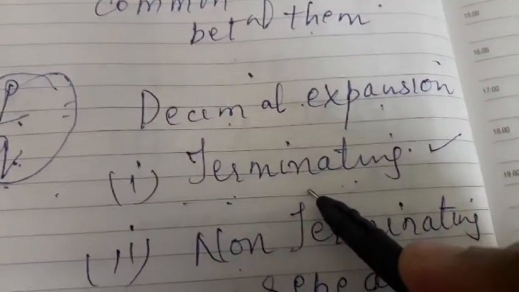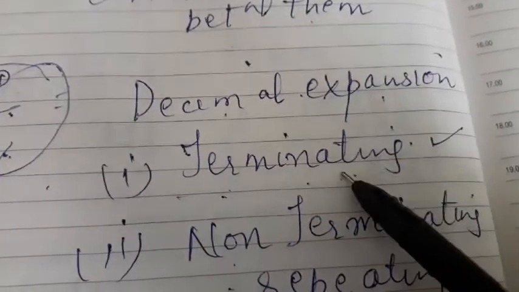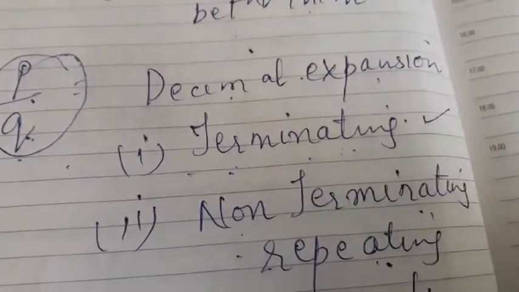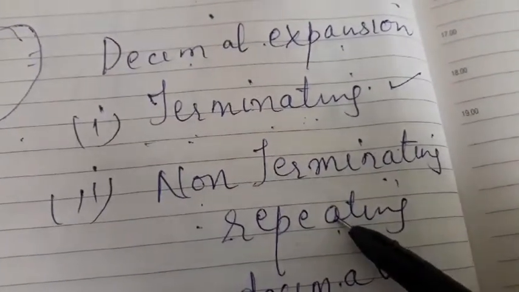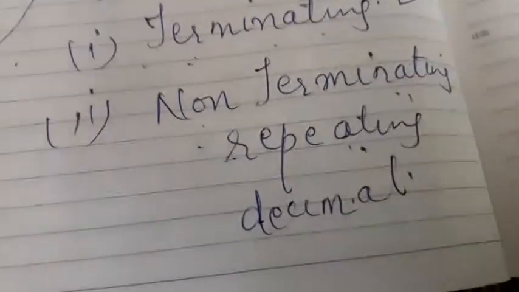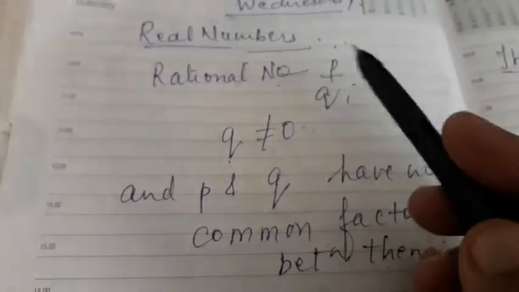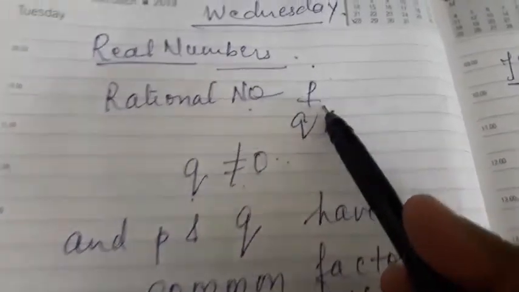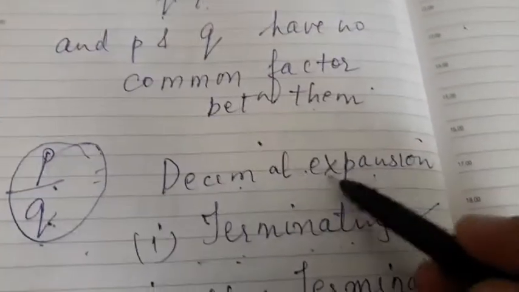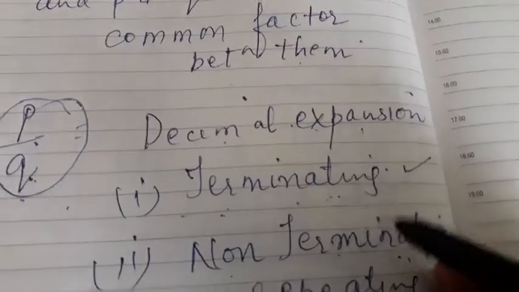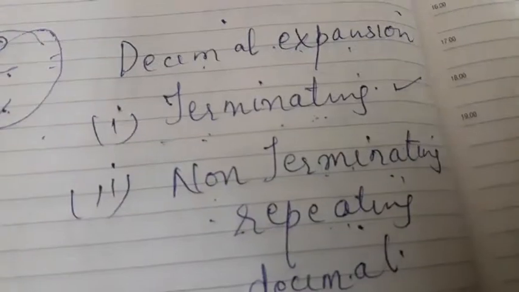The first is that it is terminating, that means the division will stop after some steps, or it will be a non-terminating repeating decimal expansion. I repeat, we can find the decimal expansion of rational numbers when two conditions arise: terminating and non-terminating repeating decimal.